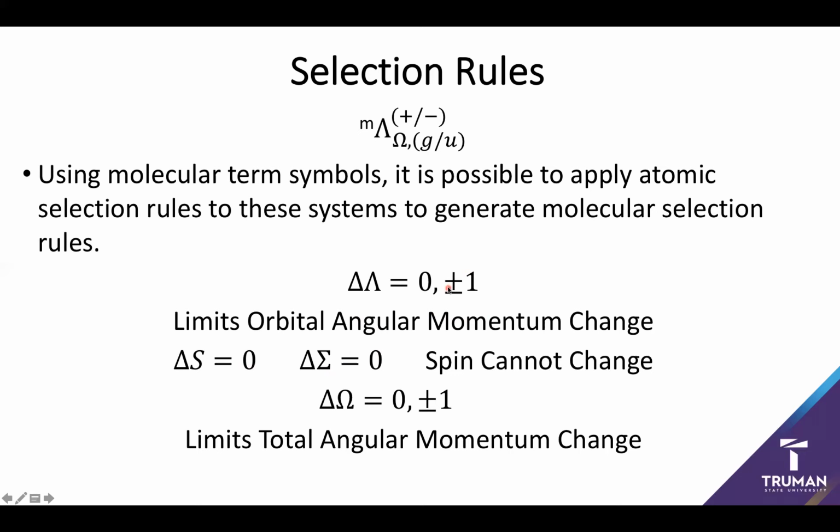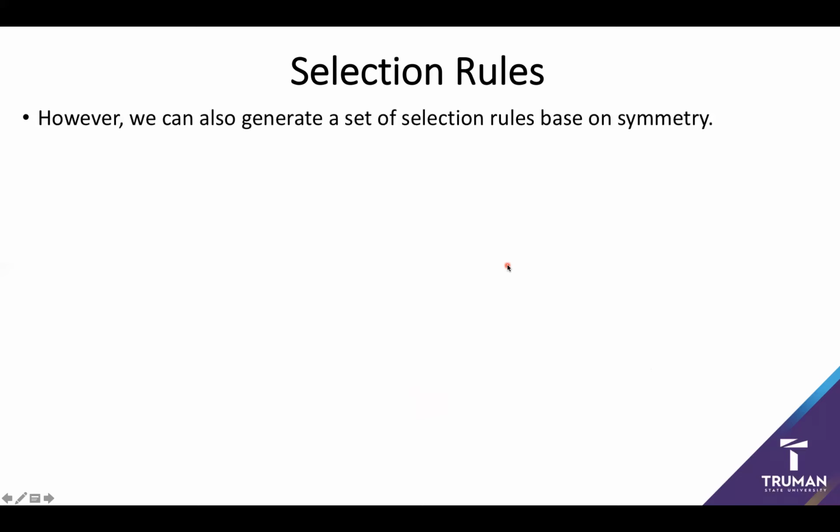So more or less, these are a much freer version of our atomic orbital changes because now I've got a molecule. I can rotate. However, we now have generated a new set of constraints, and that's going to be our symmetry-based ones. So we're going to have a new set of rules based on symmetry.